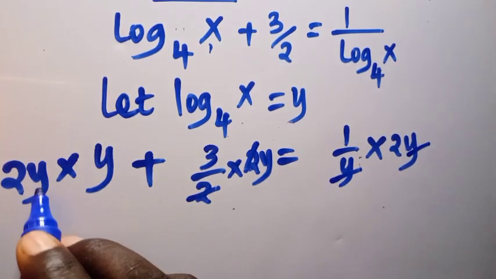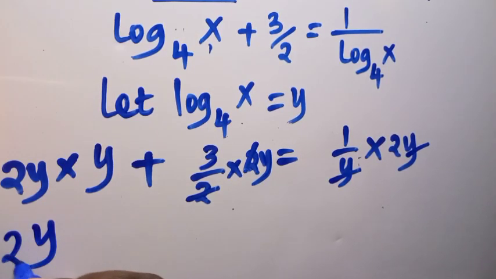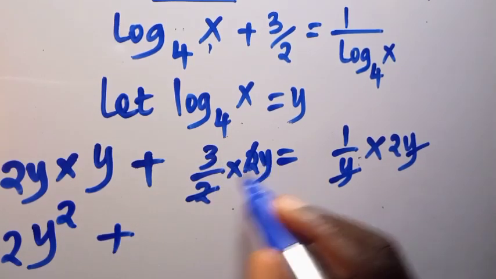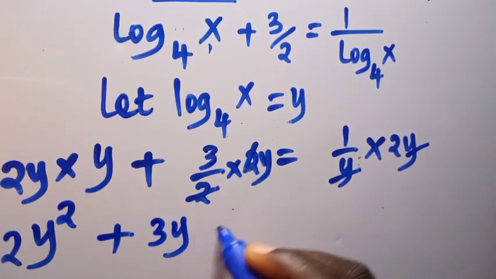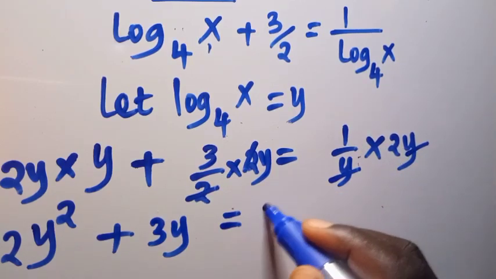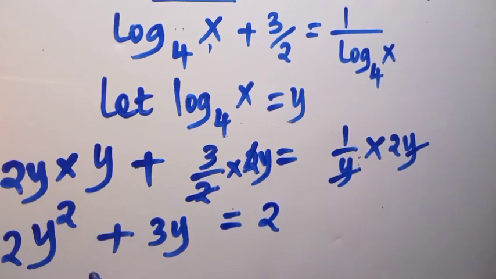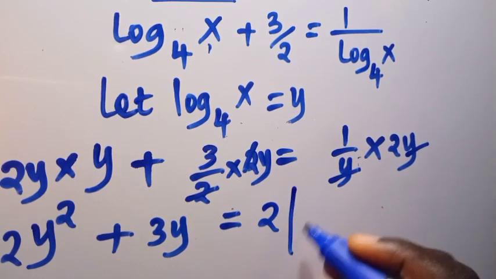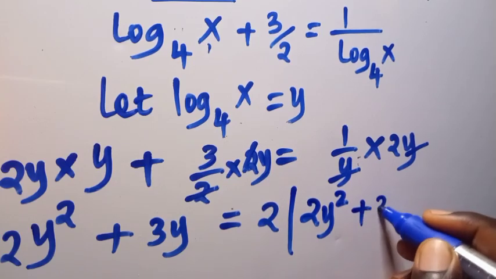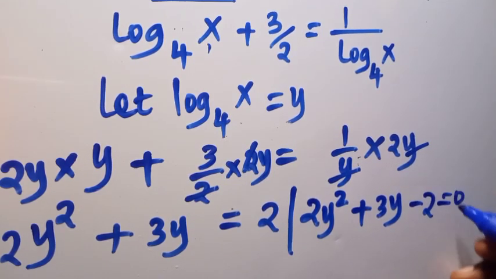Therefore, we have 2y times y, that is 2y squared, plus 3y equals 1 times 2, which is 2. Now we bring this 2 to this side so that we have 2y squared plus 3y minus 2 equals 0.